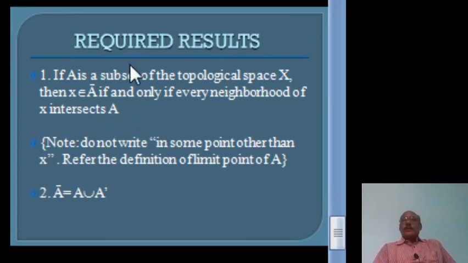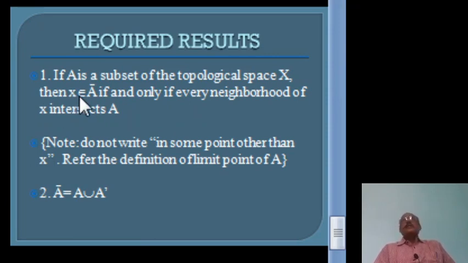Now we want some more results to study connectedness and compactness. The first one: suppose A is a subset of the topological space X. Then we want to check whether a point x belongs to A bar or not.